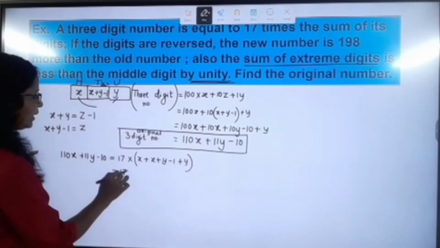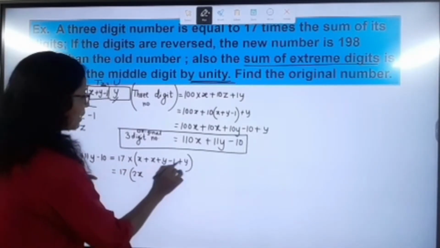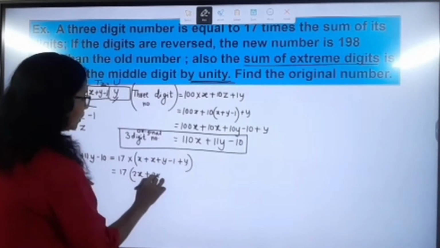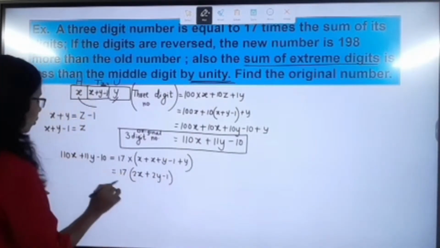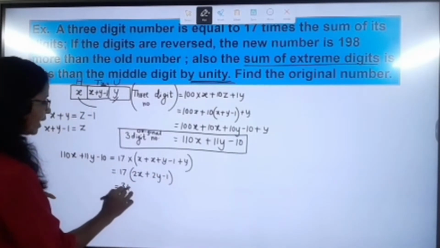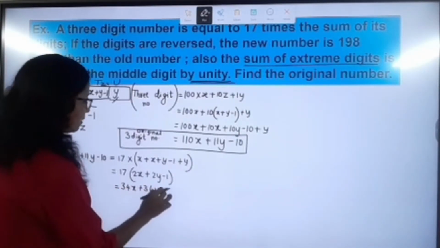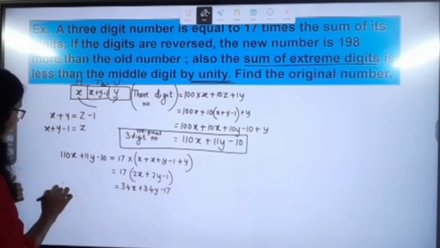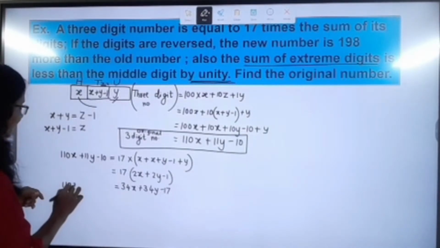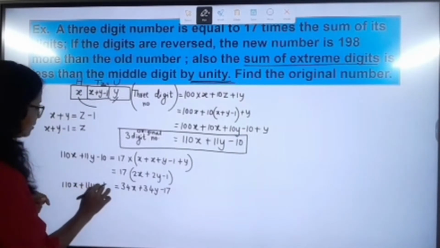So 17 multiplied by 2x plus 2y minus 1 gives 34x plus 34y minus 17. And on the left hand side, 110x plus 11y minus 10.